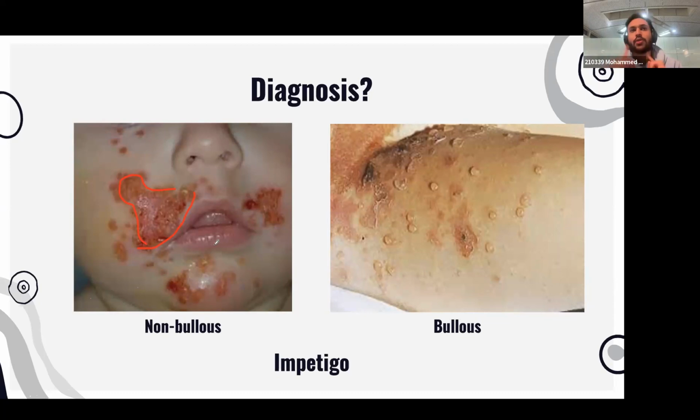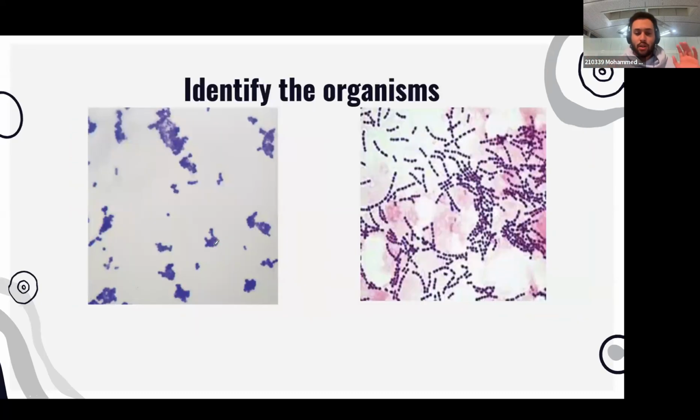Both of these are very important causes of impetigo. But now identify the organisms. Which one is Staph aureus? Which one is Strep pyogenes? Staph is on the left, gram-positive cocci in clusters, and this one is Strep pyogenes, group A strep.